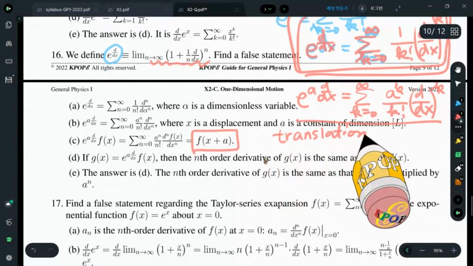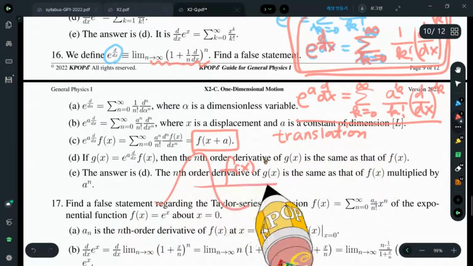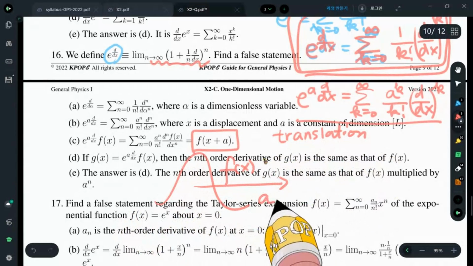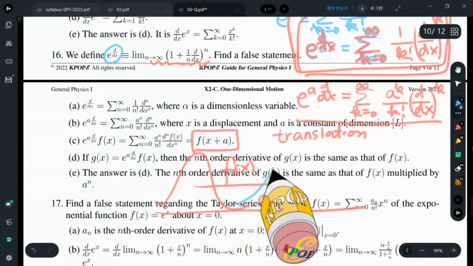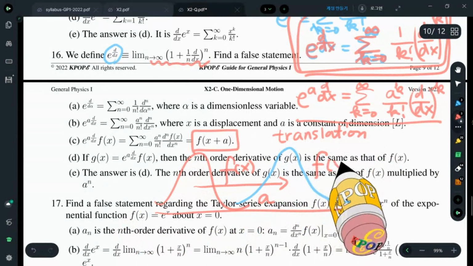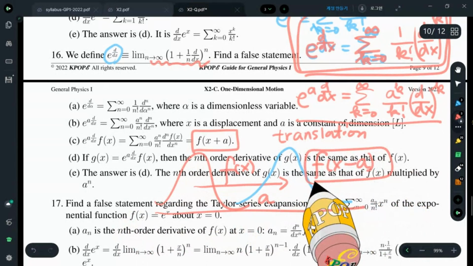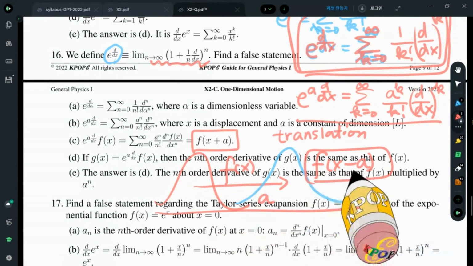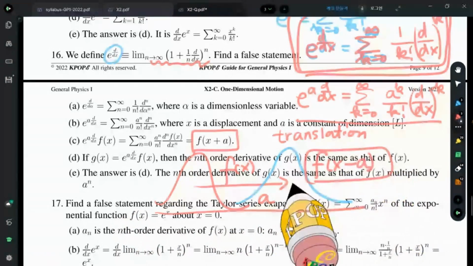You know, a function f of x can be translated by a along the x-axis, then the resultant graph is f of x minus a. All high school students know. You understand what it is?